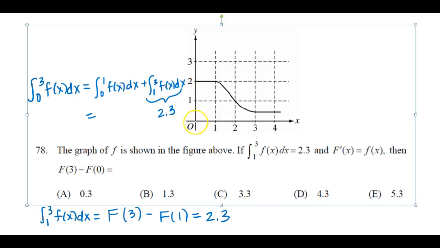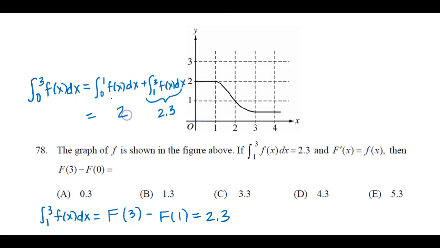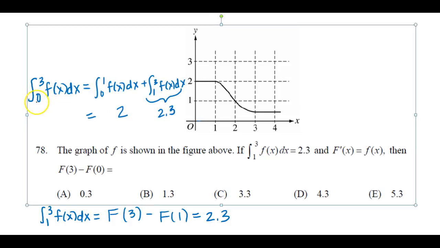This rectangle has base 1 and height 2, so 1 times 2 is 2. So the total integral from 0 to 3 of f of x dx is 2 plus 2.3, which is 4.3.